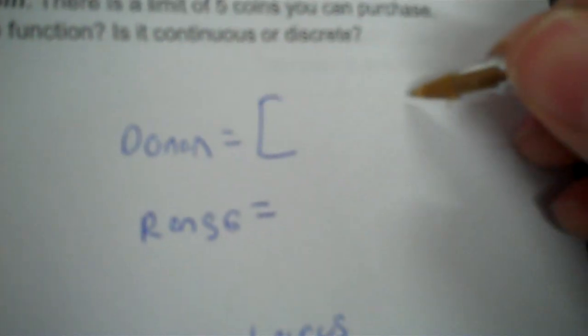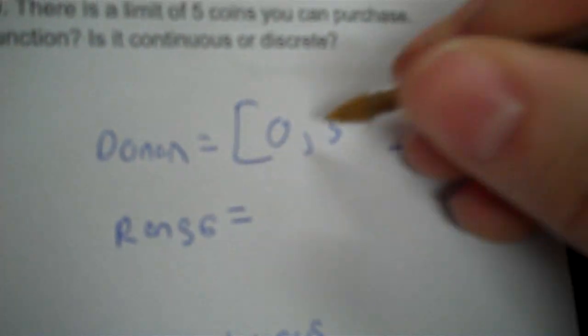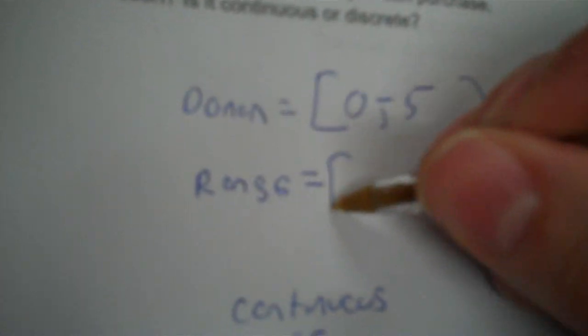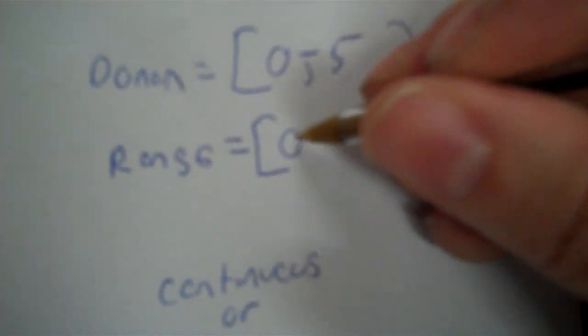No, you use what's called intervals. You make brackets and you put 0, 5 for the domain. Domain's the X values, 0, 5. Or dash 5, I don't care what it is. Now the range is your Y outputs, okay? 0, 125.